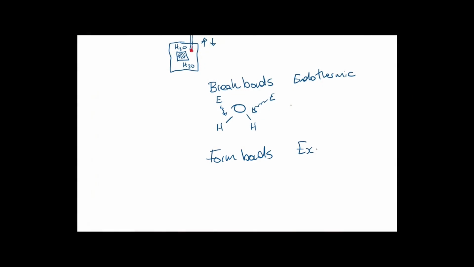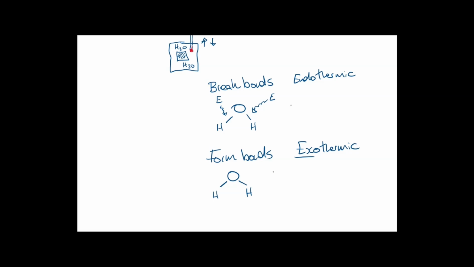When we form bonds, this is probably, in fact, almost always, going to be exothermic. Heat will leave. So if we had our hydrogen and oxygen, it has enthalpy now, but by making these bonds, it needs less energy.